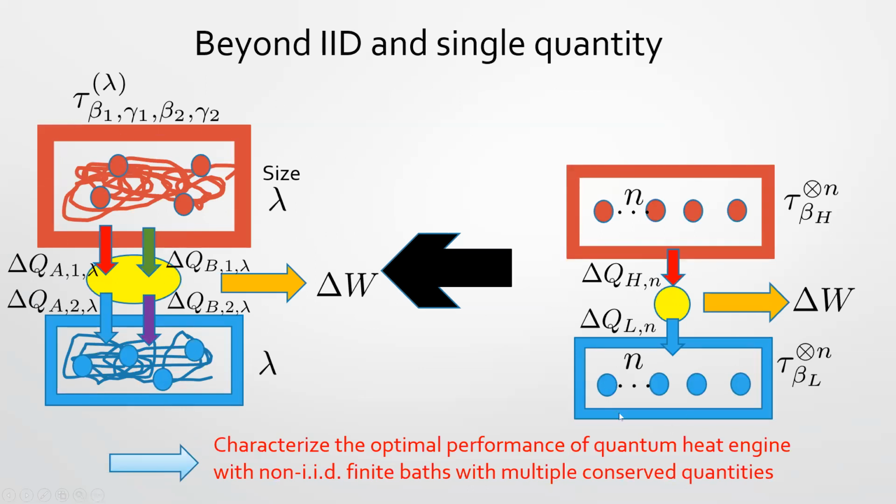Initially we consider that kind of IID case, but in our situation, we cannot assume IID. Also, we often consider multiple conserved quantities. Previously, this was only one quantity, but we also consider quantities A and B. So this is a very complicated situation.